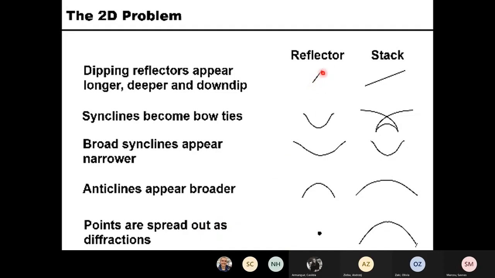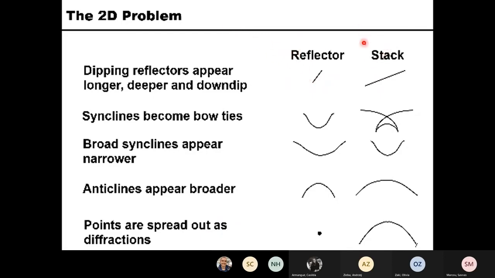Here, this is a deep reflector, okay? Very short. And in your stack section, for example, if a source here, you receive something from here, but you put it underneath of this midpoint, so it will be here, right? Or another one, source here, receive here, because it's always perpendicular.